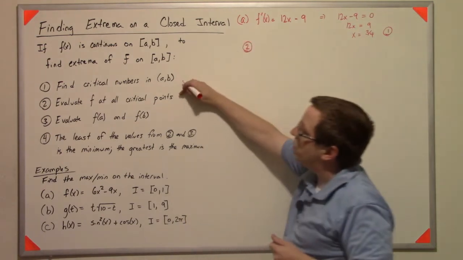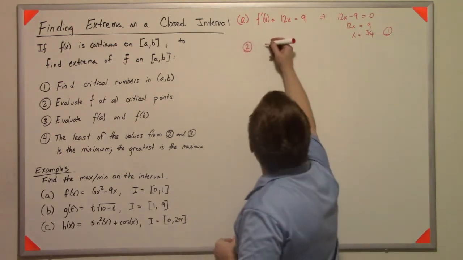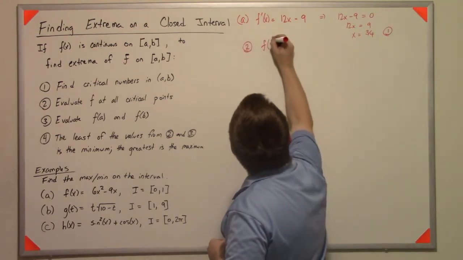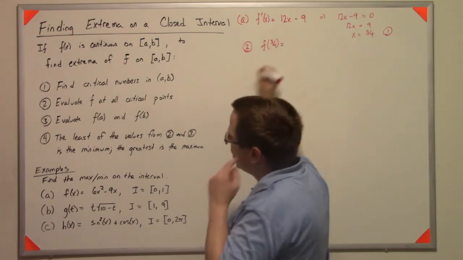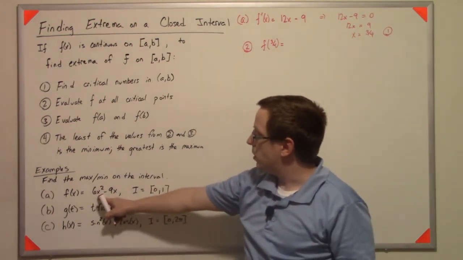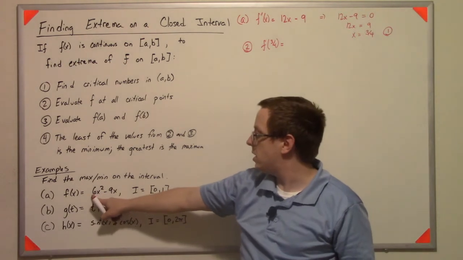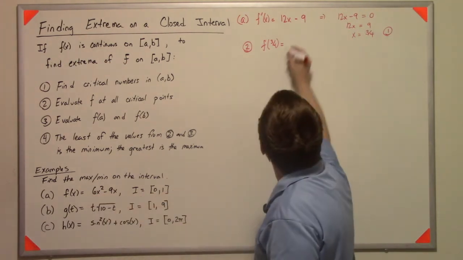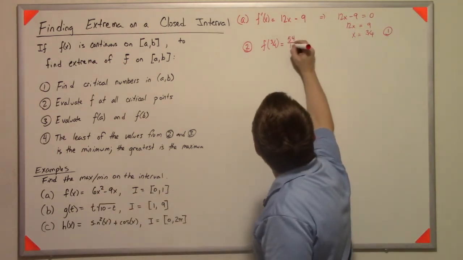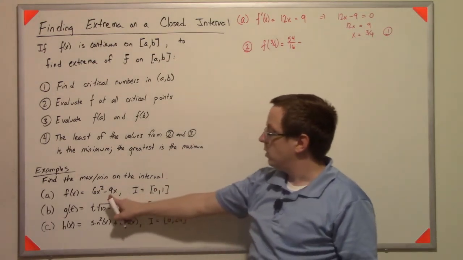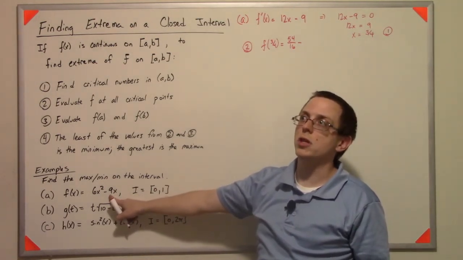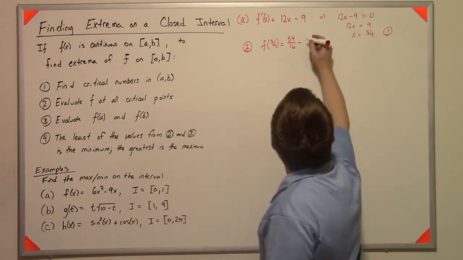Step 2 is to evaluate f at that critical point. So f of 3/4 is going to be 9/16 times 6, so that's 54/16, minus 27/4, which is 108/16.